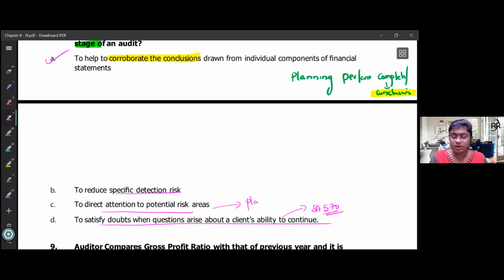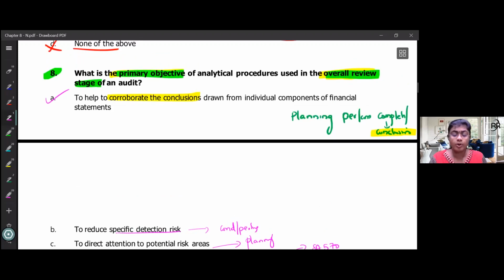Potential area, you see in planning. To reduce the risk, you obtain relevant and reliable evidence, which is while conducting or performing. Here they have asked you overall review stage. So it is to corroborate, support your conclusions.